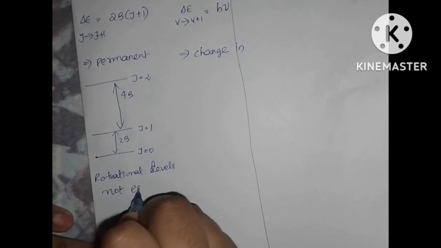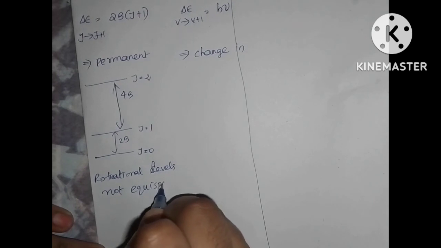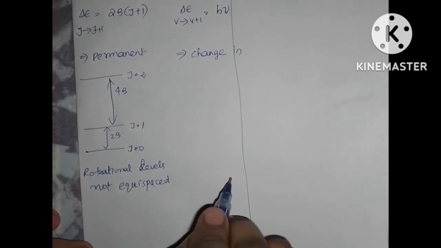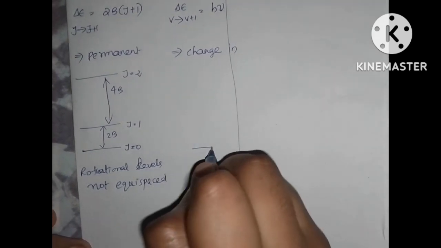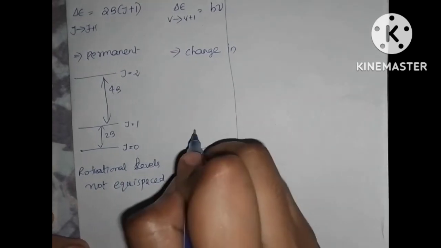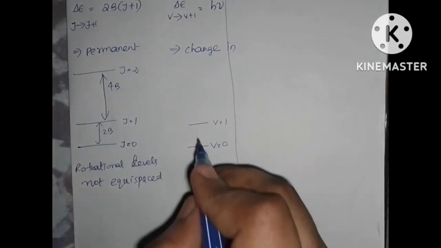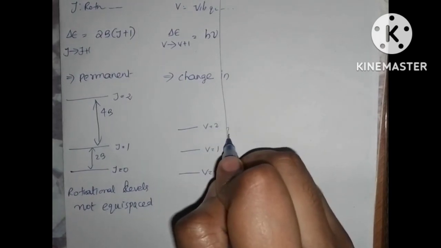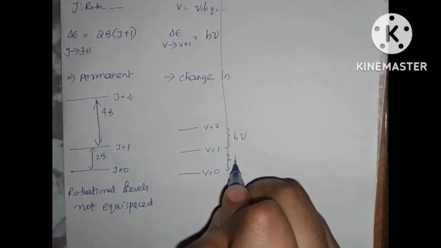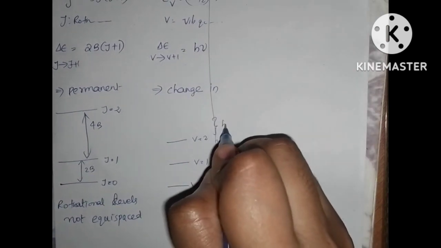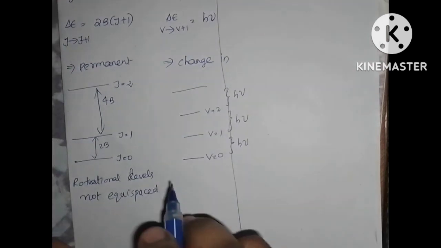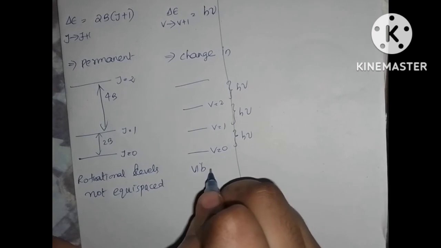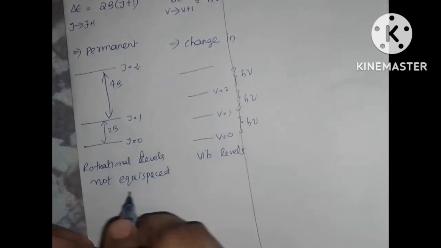Coming to the case of vibration, the distance between V equal to 0 and V equal to 1 was h nu. For V equal to 1 and V equal to 2, again the distance was h nu. So all the levels are at a distance of h nu. That means all vibrational levels are equispaced. So rotational levels are not equispaced, vibrational levels are.